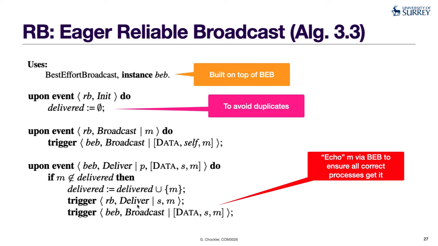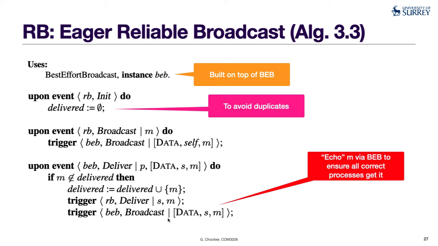Maybe this process is the only one that received a message M, and no one else is going to receive it directly from the sender because the sender just crashed. Now, if this process remains correct, it must also ensure that everyone else will get this message, because otherwise we are going to violate the agreement property of reliable broadcast. And to ensure that, we have to trigger this extra broadcast here. We need to echo this message again to everyone else.